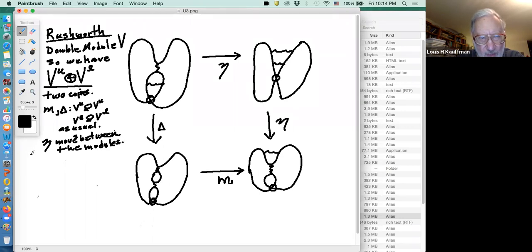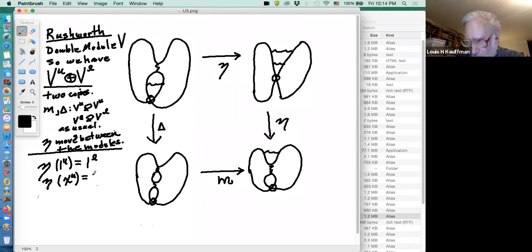Now I'll be quite explicit about this in a second. So I'm going to tell you the formulas for eta here. Eta applied to 1 in the upper module is equal to 1 in the lower module. Eta applied to x in the upper module is equal to x in the lower module.